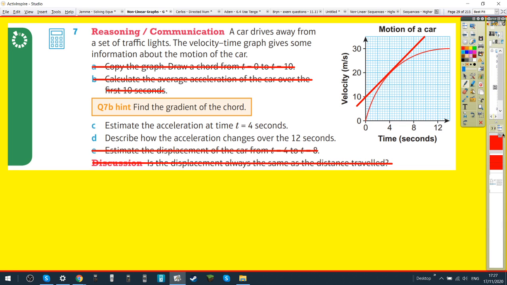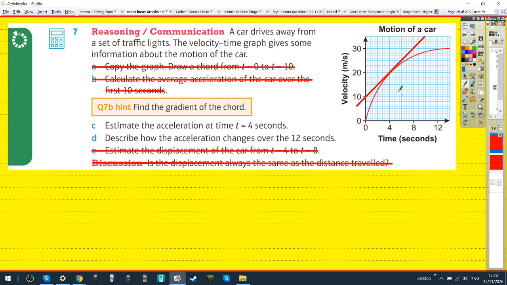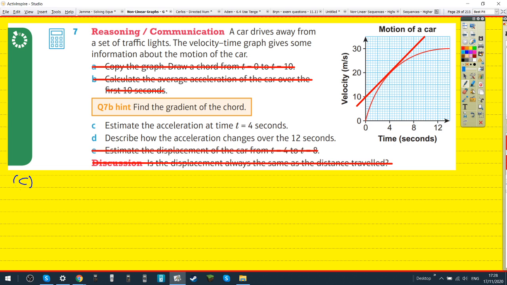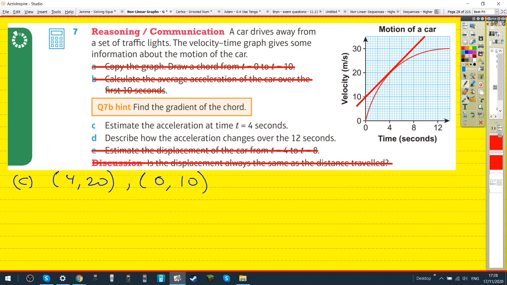So it would be 4, 20, and then 0, 10, and then the run is 10. Yeah.